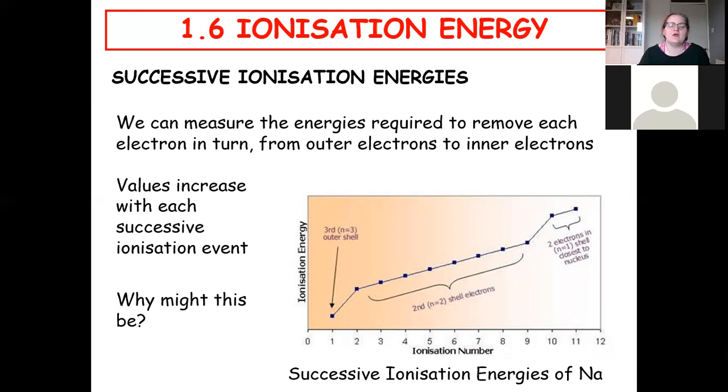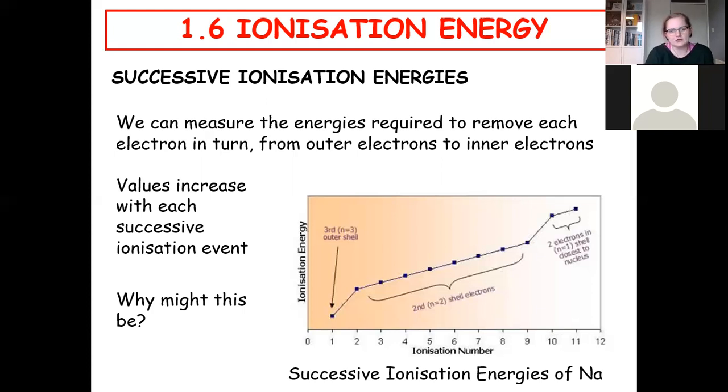They're successive because we measure one, then the next and the next. We go from outer electrons to inner electrons, so we're not losing any of those rules about how we lose our electrons.